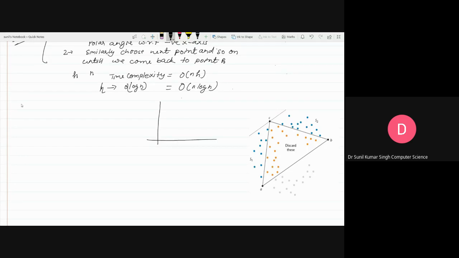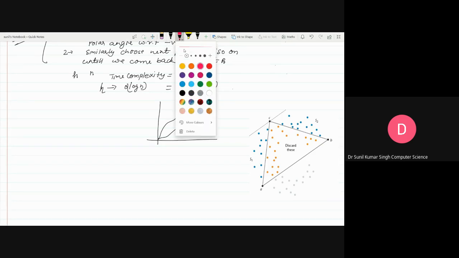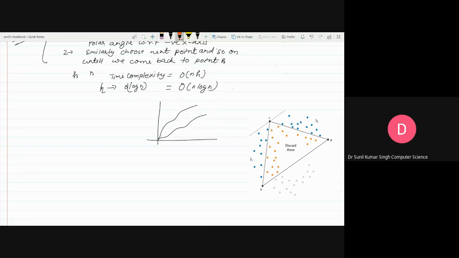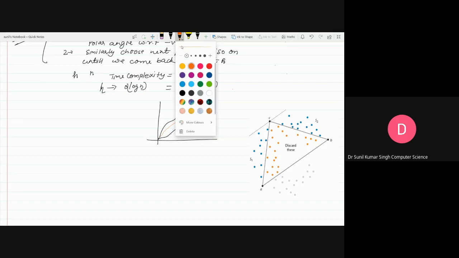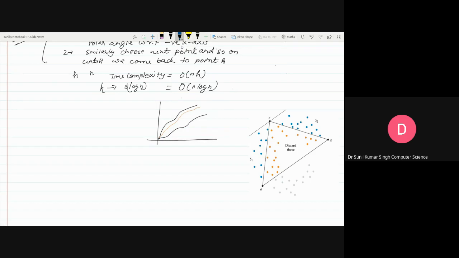Something like, you can think like, suppose that these are the two boundaries. Let me choose another different color. Suppose that it is something like this, and let's choose another one, maybe this color, and it is also something like this, but somewhere touching the upper boundary.